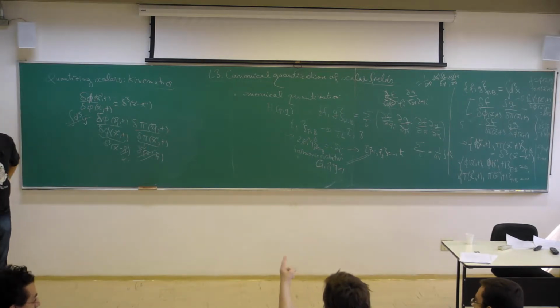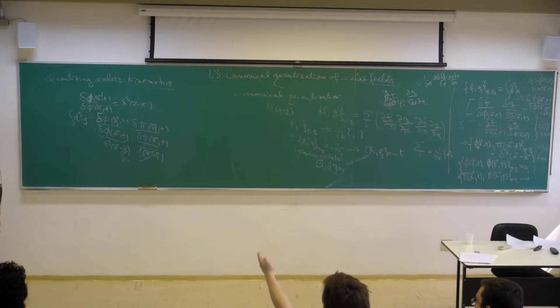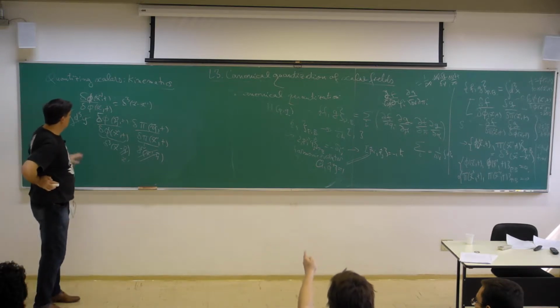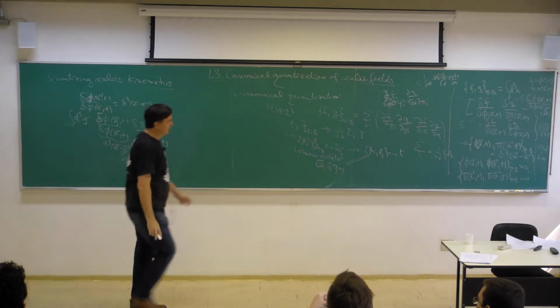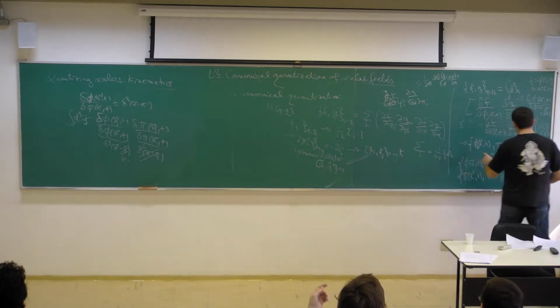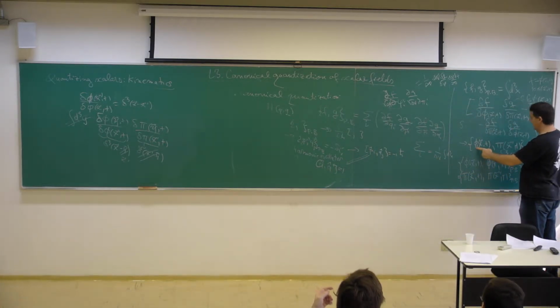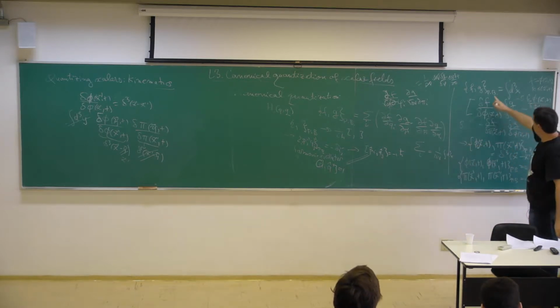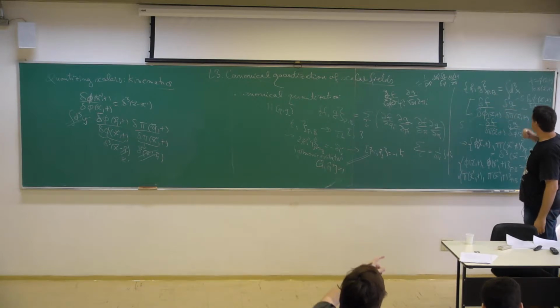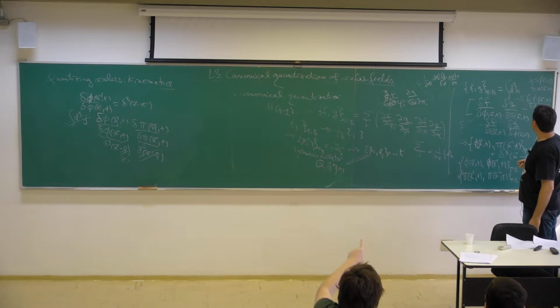Actually, I mean, I want to calculate this thing, right? I have the Poisson bracket phi of x and t with pi of x prime and t, right? So in the definition of the Poisson brackets, you do the summation over the indices of P and Q, right?